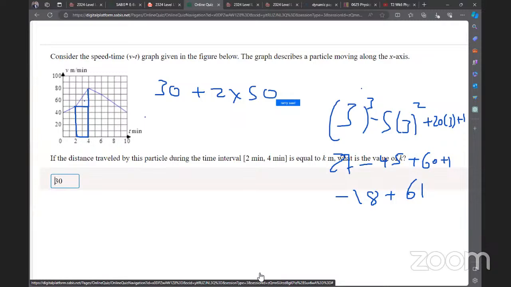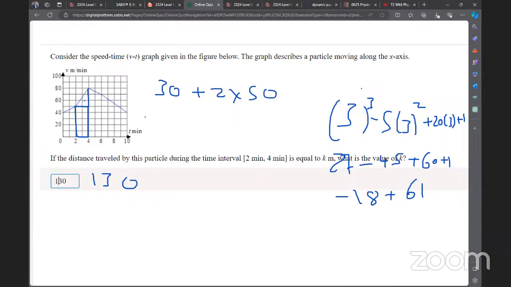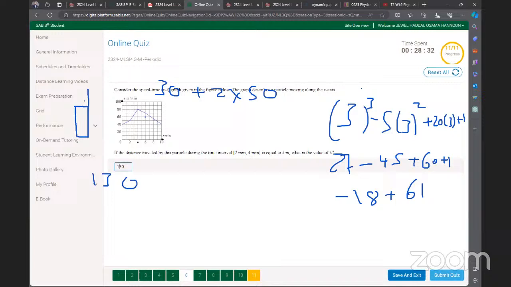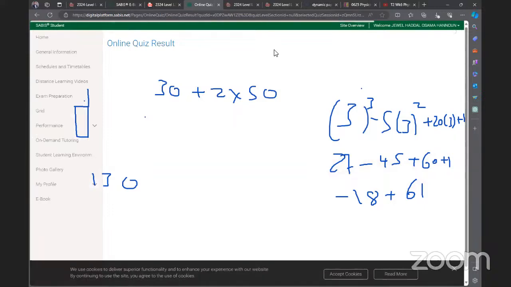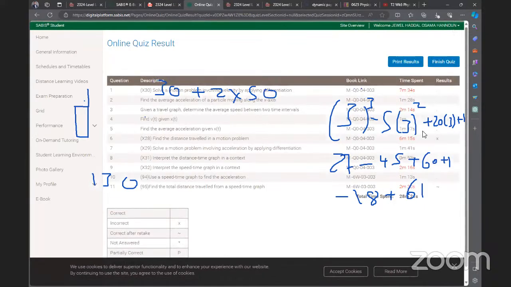So 2 times 50 is 100, so 130. Sorry, 130. I have to get the entire area under the curve. Sorry, I focused only on the triangle.